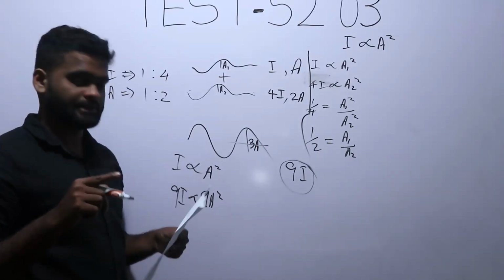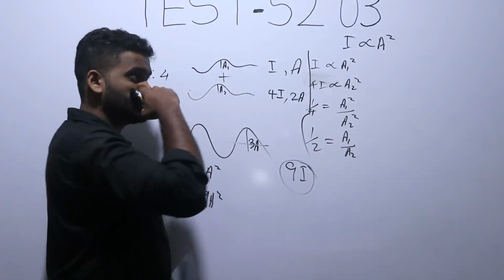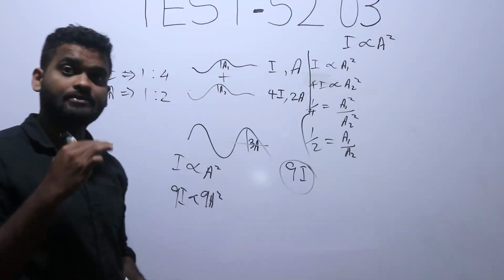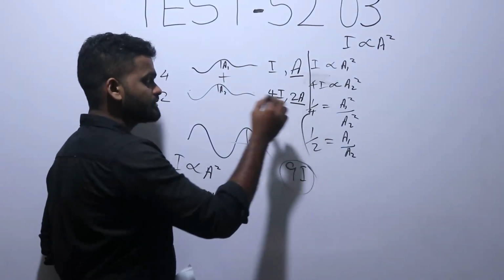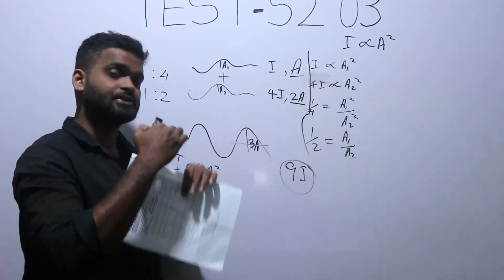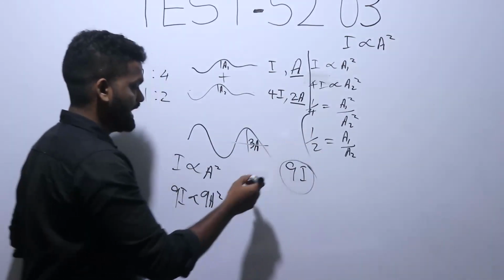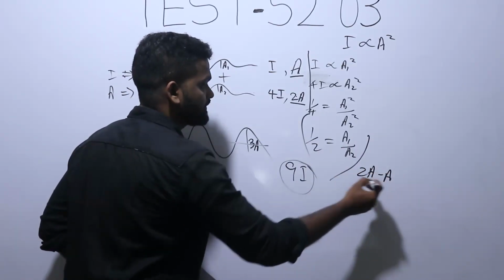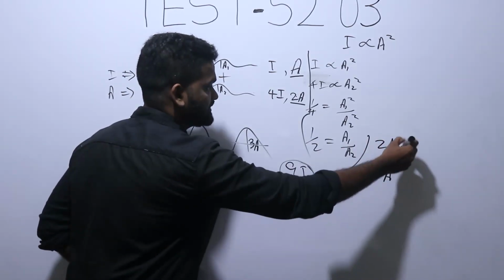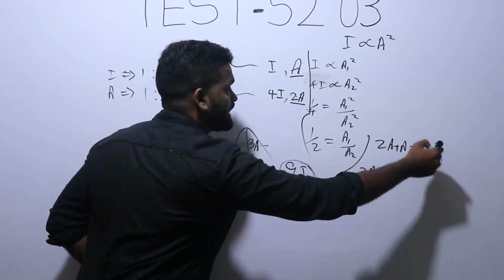The other case is if they are superpositioned in the opposite phase. These two amplitudes, like there is a destructive interference, get cancelled off. In that case, the new amplitude is 2A minus A. Previously it was 2A plus A, so the intensity became 9I, 9 times.